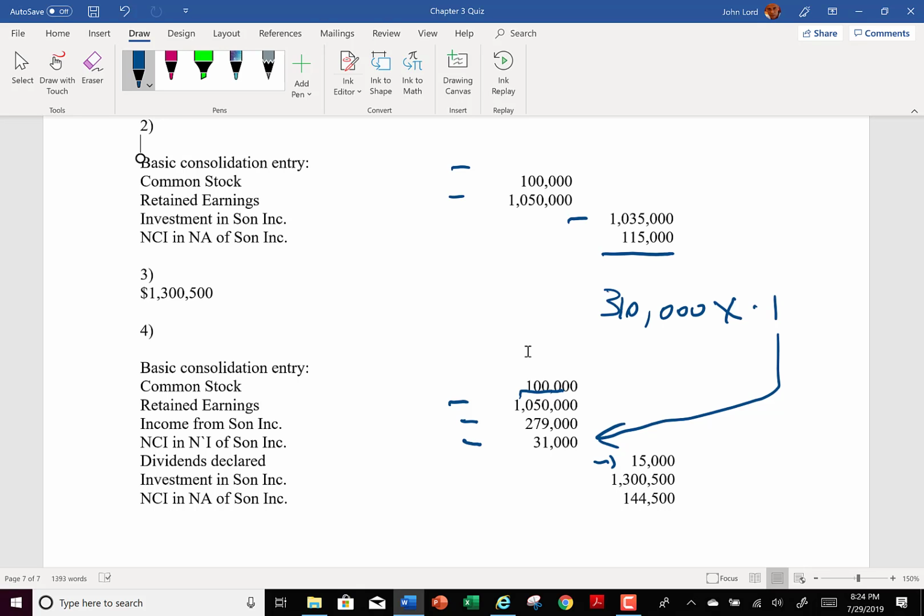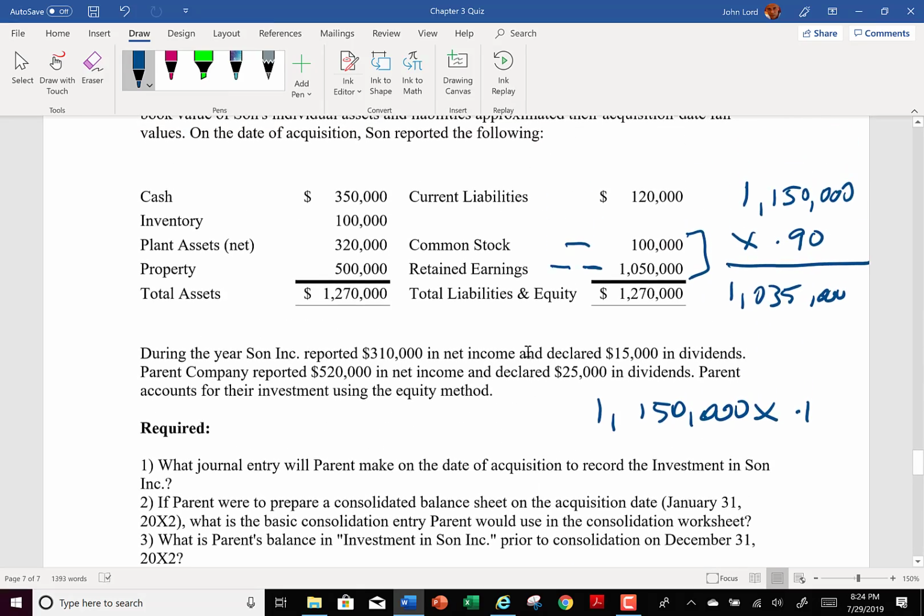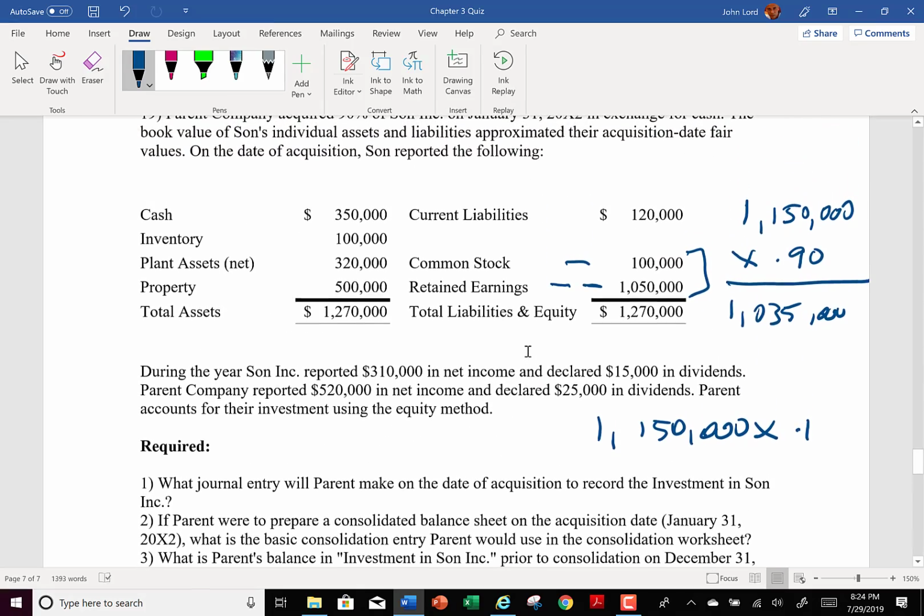Subsidiary's common stock was 100,000, right? Going back up, son's common stock was 100,000.